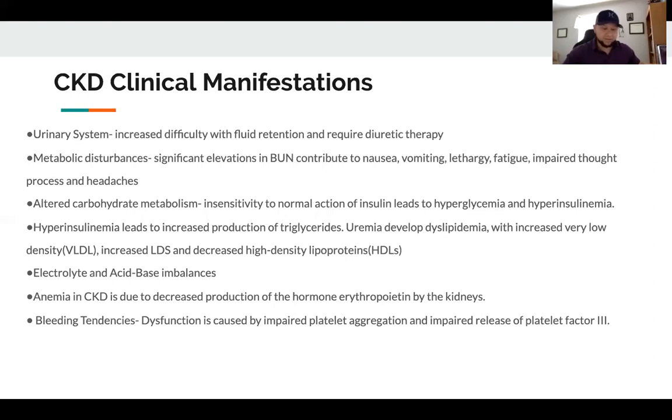Hyperinsulinemia leads to increased production of triglycerides, LDLs, and HDLs. There are electrolyte and acid imbalances, and anemia due to decreased production of the hormone erythropoietin by the kidneys. There are bleeding tendencies from the dysfunction caused by impaired platelet aggregation.